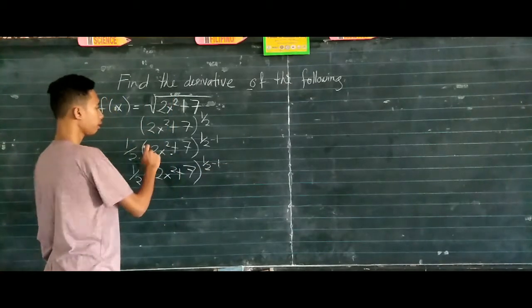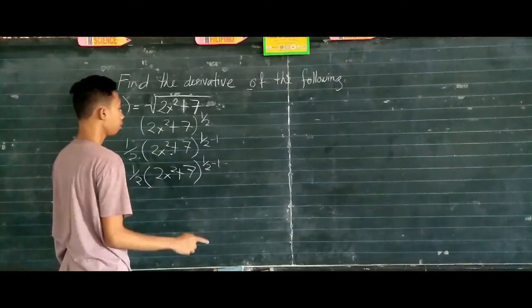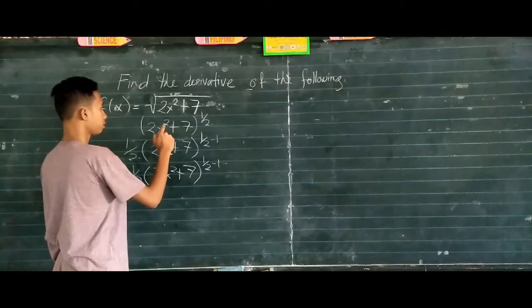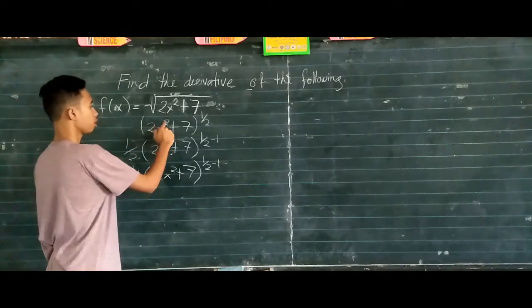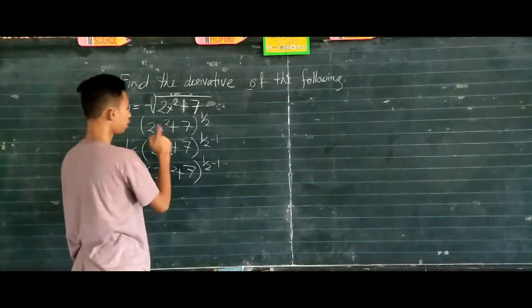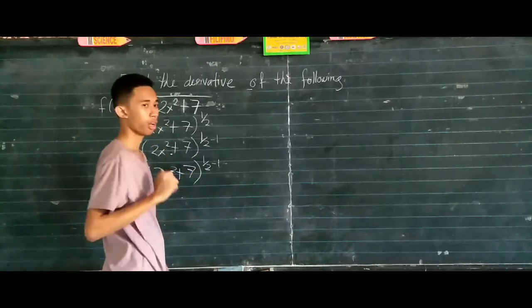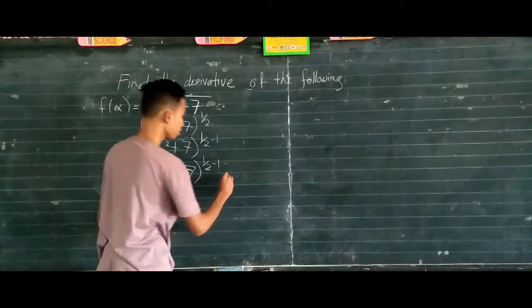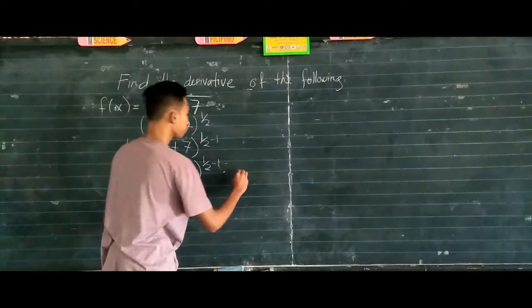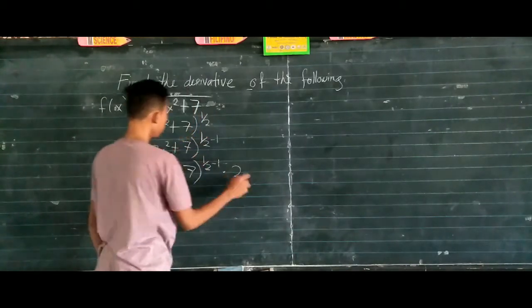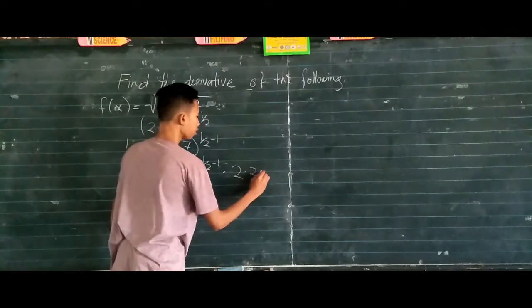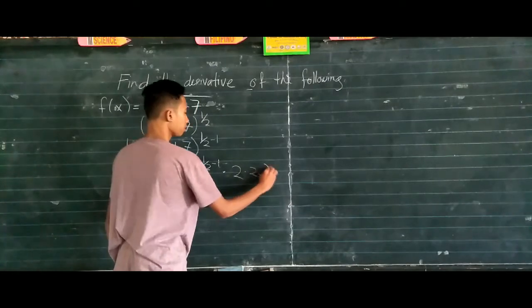Then to find the derivative of this, we have to multiply the exponent of 2 by the numerical number. So how to find the derivative of this is this: multiply by bringing down the exponent of 2, then the numerical number, then copy the x.